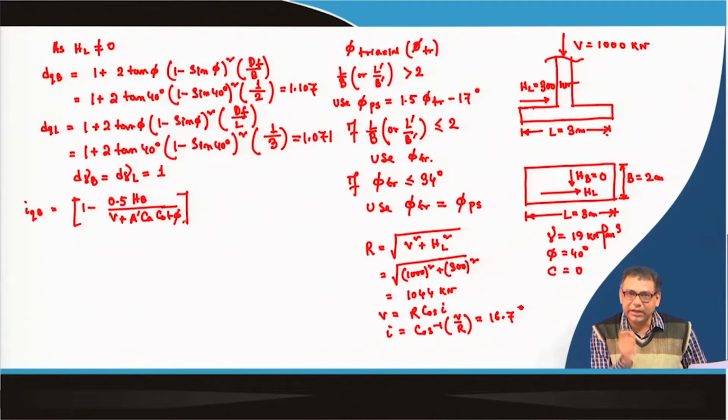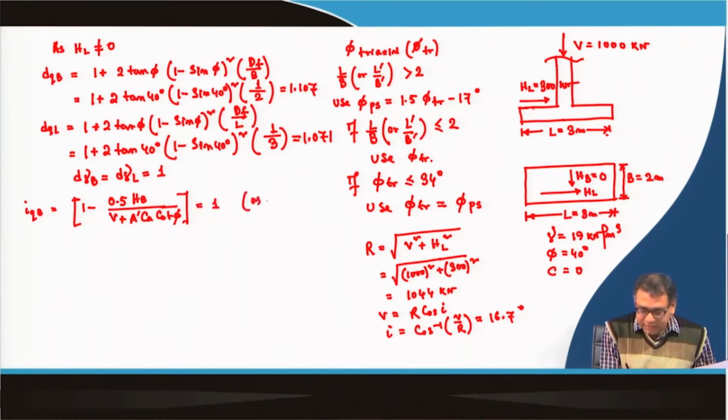That means for the inclination factor and the shape factor, you have to use B dash L dash, and in the third term you have to use either B dash or L dash, and for the depth factor you have to use L and B. Remember that. So this is your value, and now this is equal to 1 as HB is equal to 0.